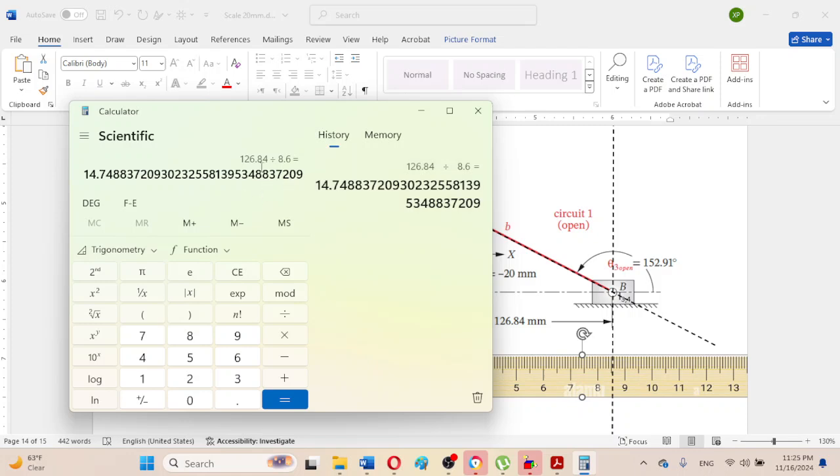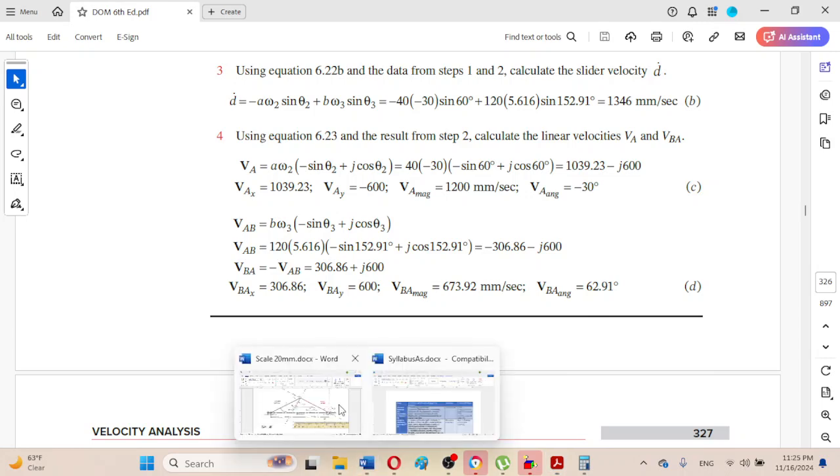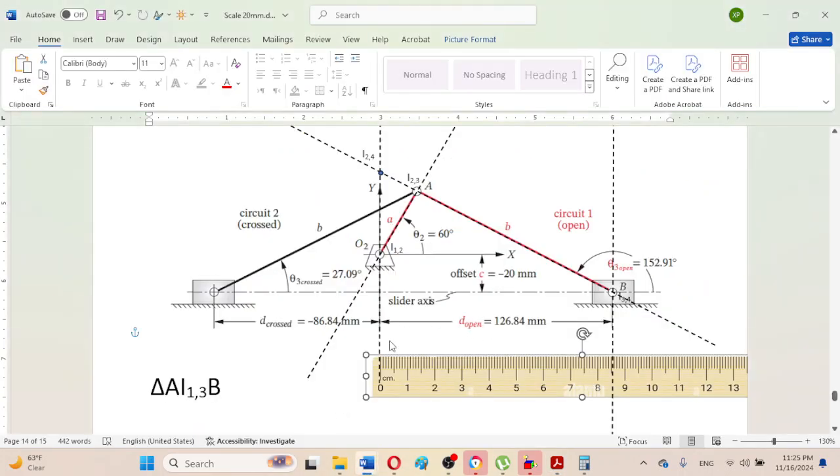So that means that 126.84 will be divided by 8.6 here, sorry, here, as you can observe that this 8.6 centimeter distance was equal to 126.84 millimeter.